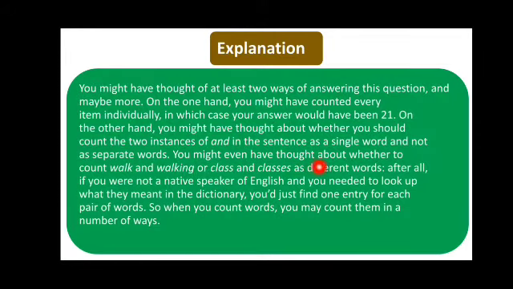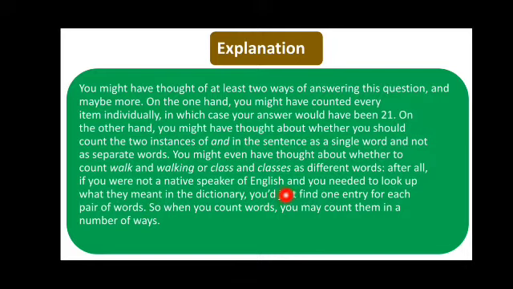You might even have thought about whether to count "walk" and "walking" or "class" and "classes" as different words. After all, if you were not a native speaker of English and you needed to look up what they meant in a dictionary, you would find one entry for each pair of words. So when you count words, you may count them in a number of ways.